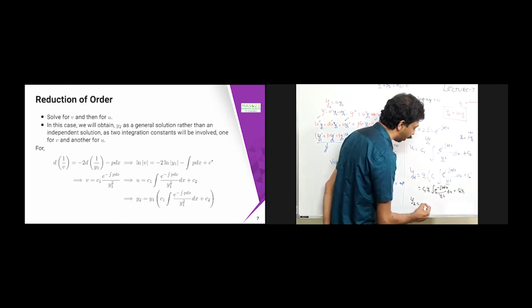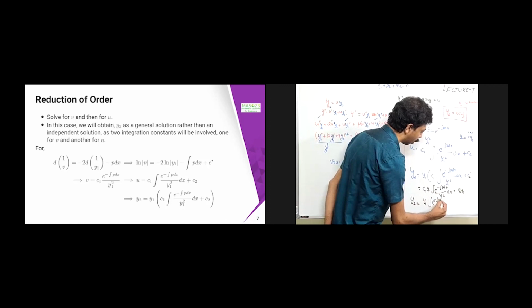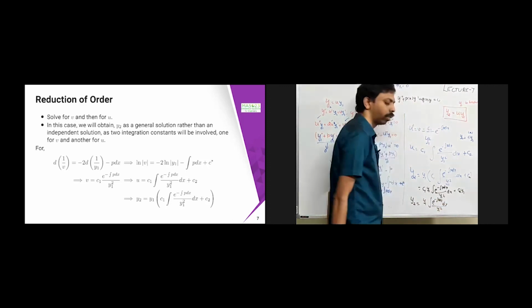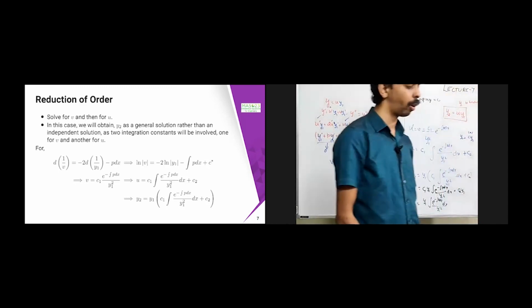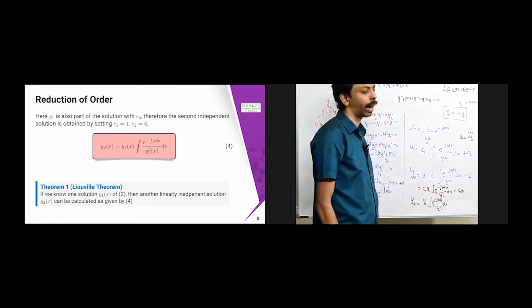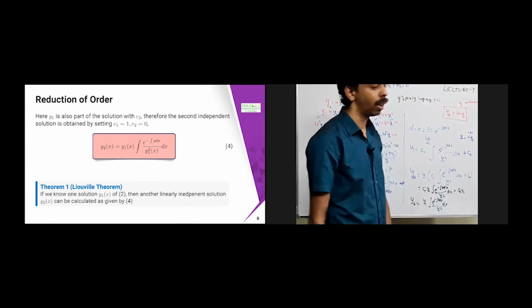That is y1 times the integral of e power minus integral p dx divided by y1 square, dx. This is going to be my y2. I can just choose c1 equal to 1 and c2 equal to 0. That is going to give me the y2 solution.